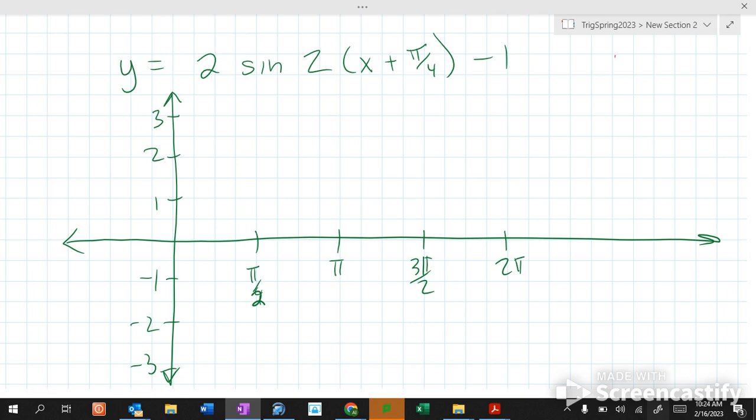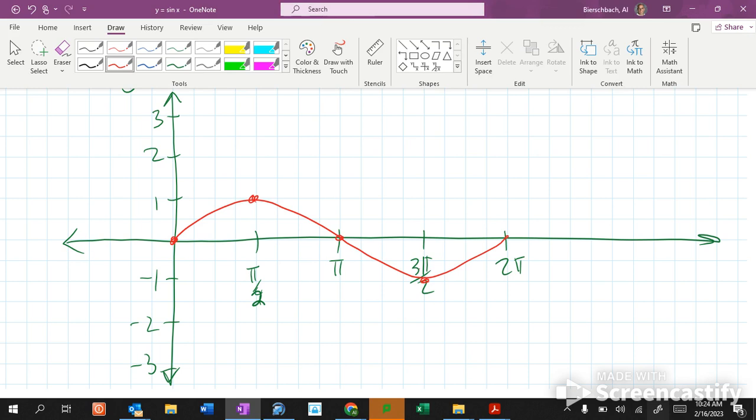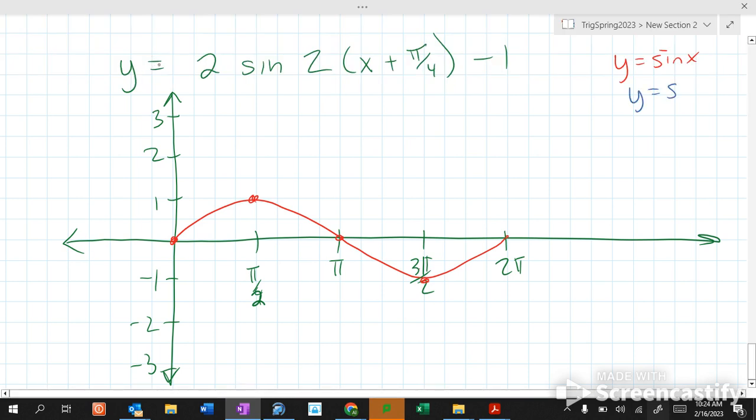Okay, so we're going to graph y equals sine of x first. On the last page, I want to see each of the separate graphs. Don't combine 2 at a time. So I'm going to graph the sine curve. Then I'm going to graph y equals 2 sine of x.